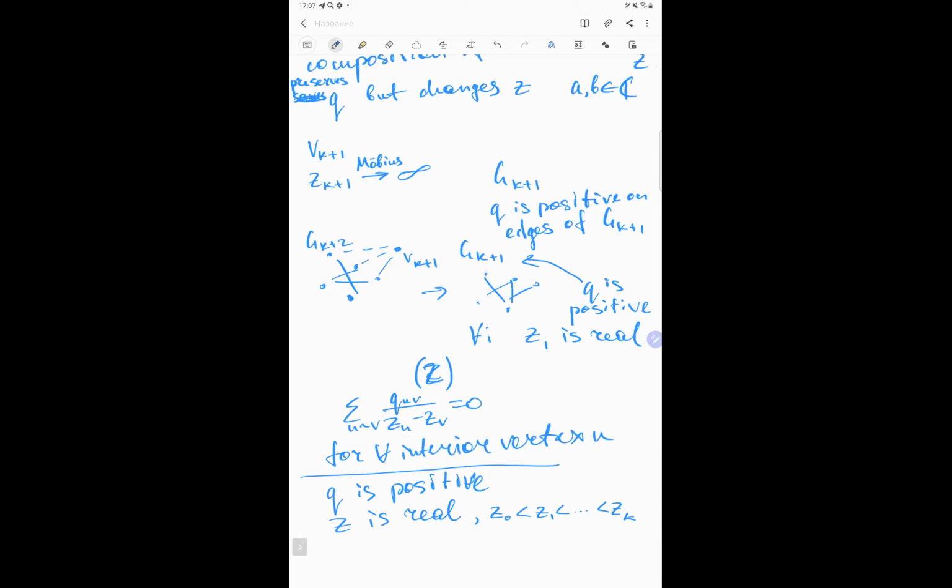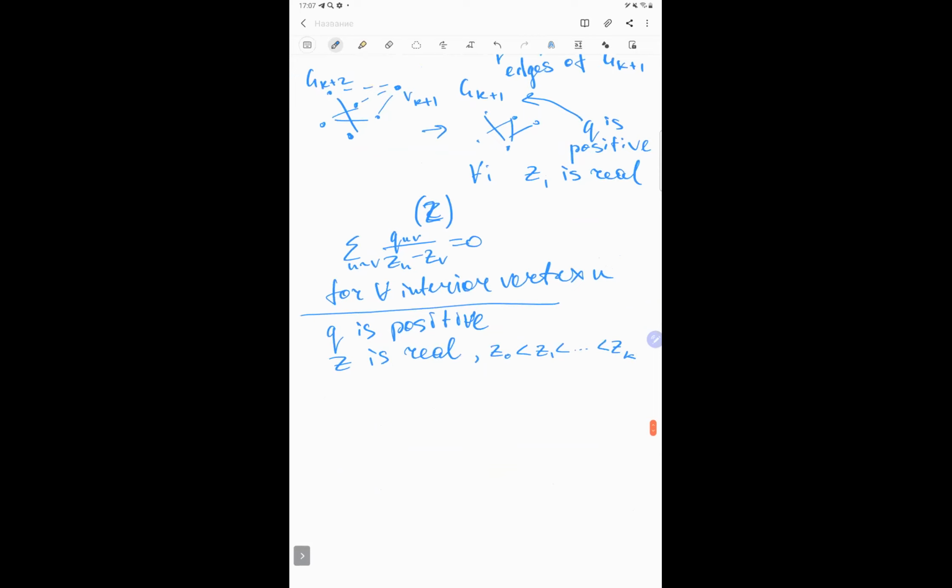And we can say that the number of realizations on this new graph G plus 1 plus K, on new graph G K plus 1, is equal to the number of compatible orientations on G K plus 1.